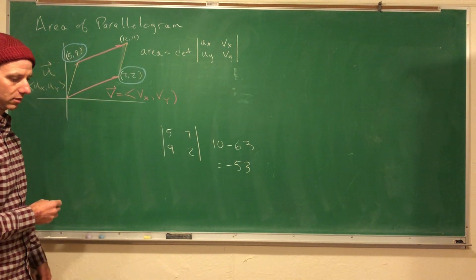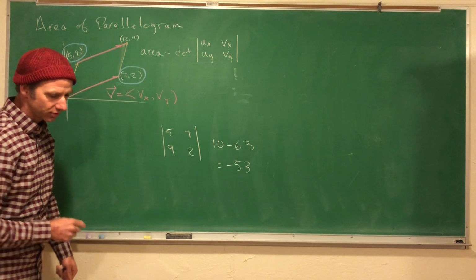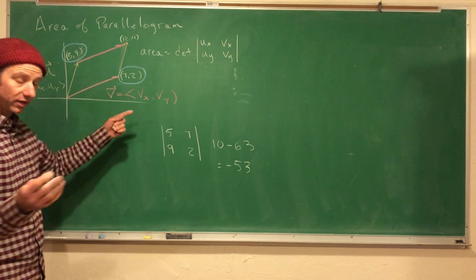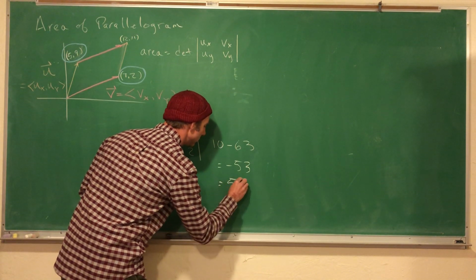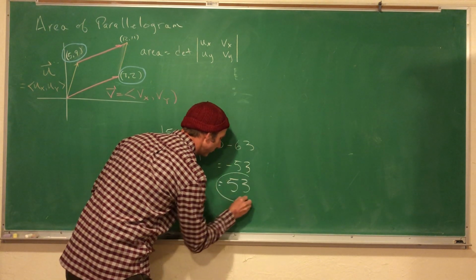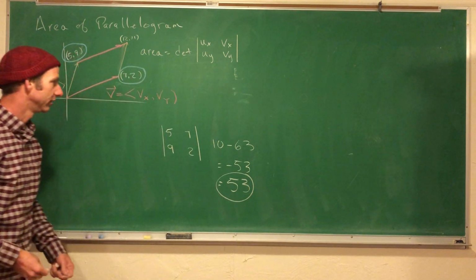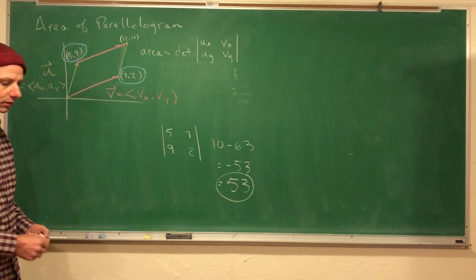Okay. Make sure I got the right points in there. Yep. I got negative 53. Again, absolute value. And there you go. 53 is my area of that guy.